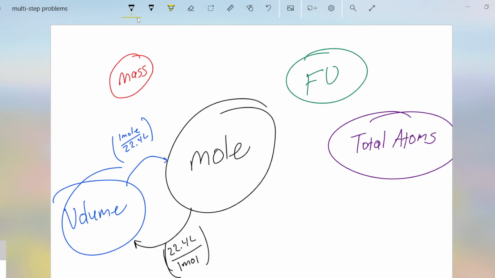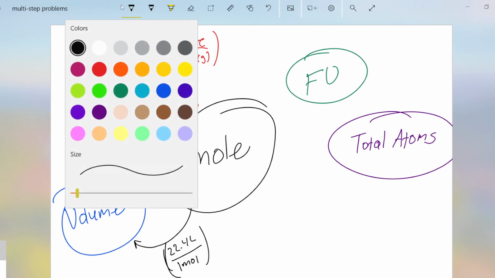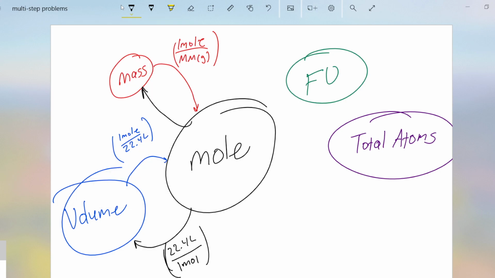Whatever we get as a result, we will multiply to the number that we're given in the problem statement. We can go from Mass Island to Mole Island, and we do that by taking 1 mole on top and the grams of the molar mass on the bottom. We can go the opposite way from mole to mass and so forth, right?